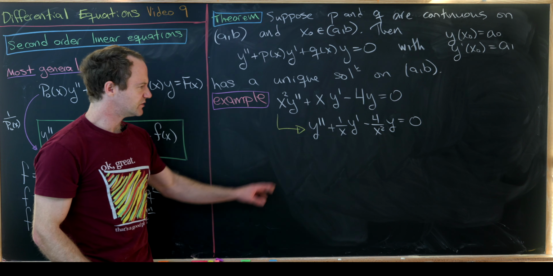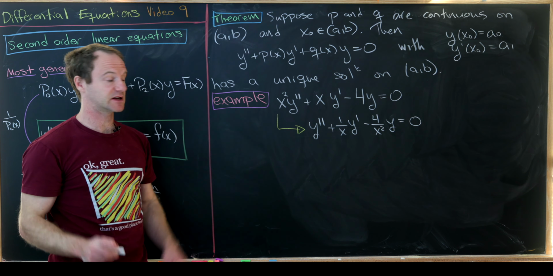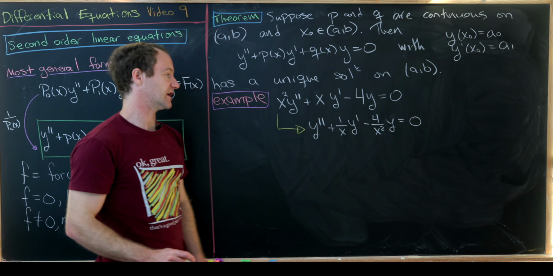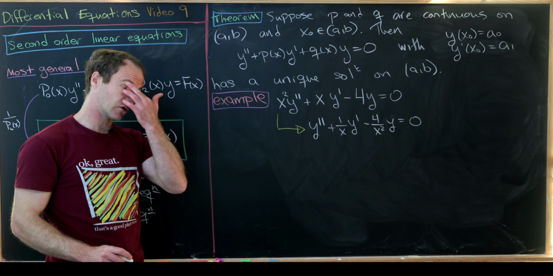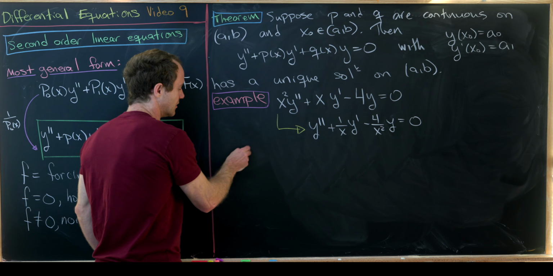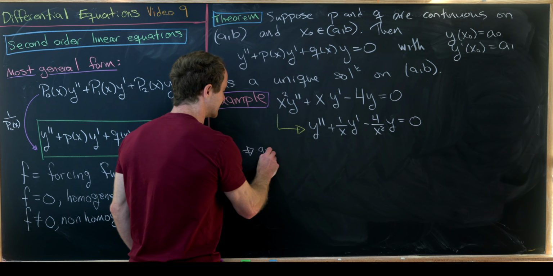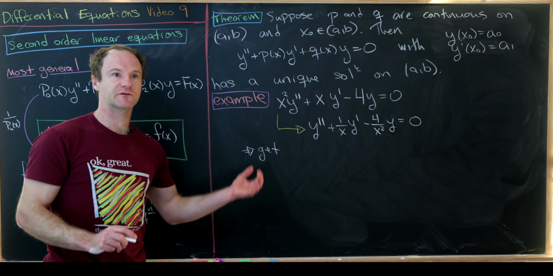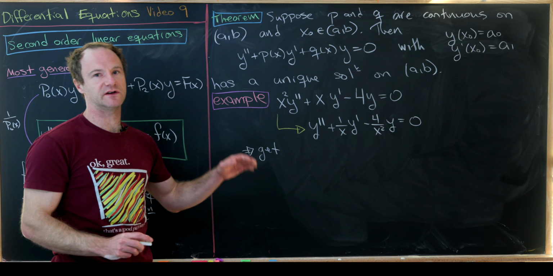Great. So notice that my functions p and q, 1 over x and negative 4 over x squared, are discontinuous at 0. So that means I get unique solutions on the interval minus infinity to 0 or 0 to infinity.